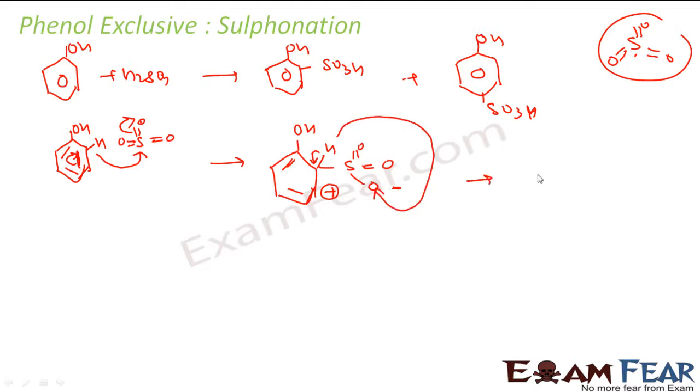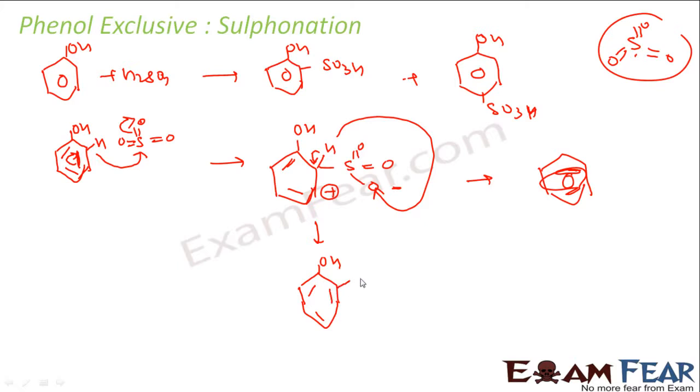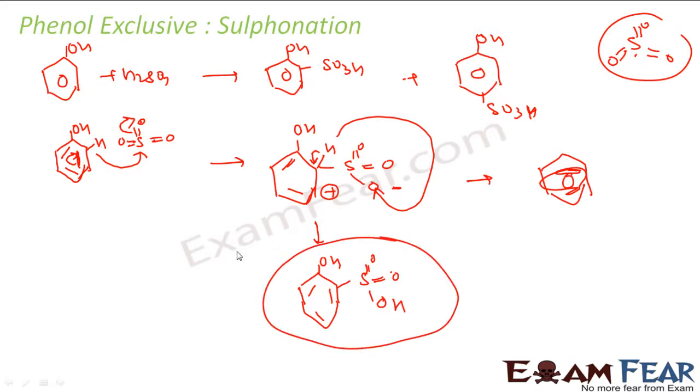So in this step, this bond is formed again, and this O minus will get H plus. So you form this compound, and aromaticity is back.